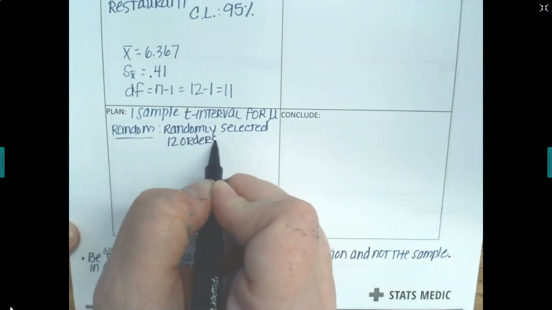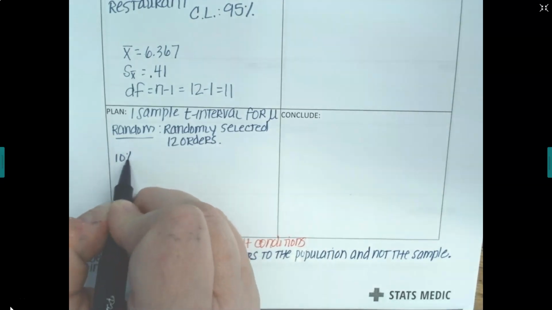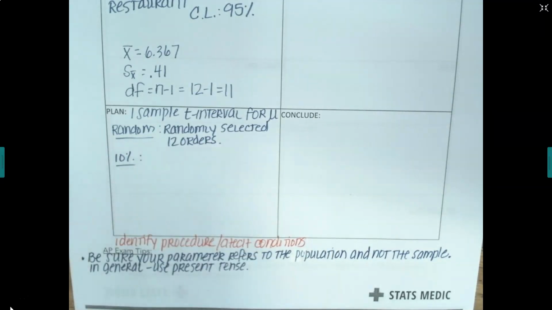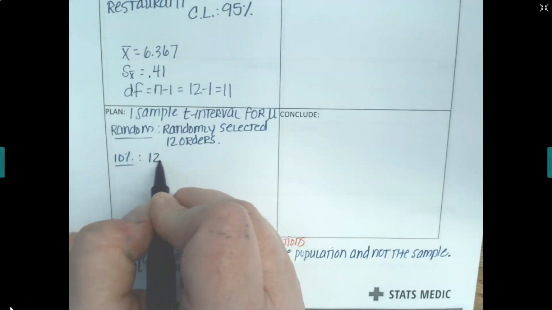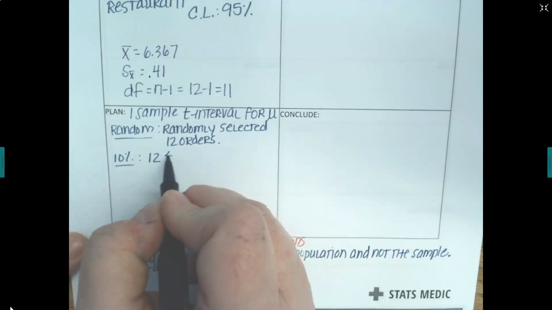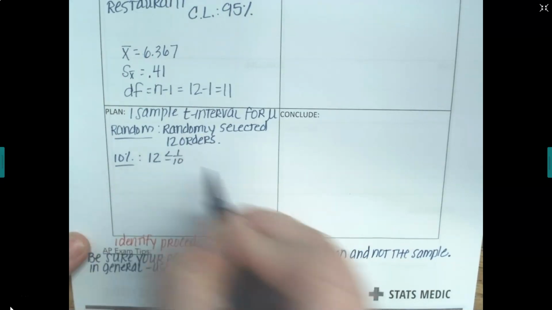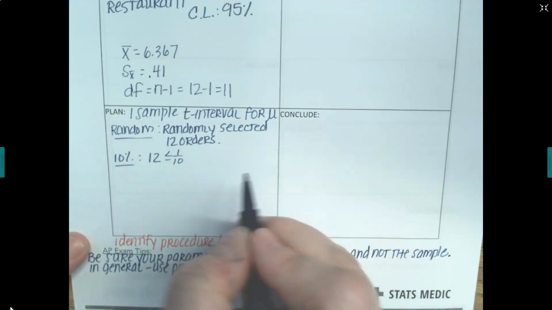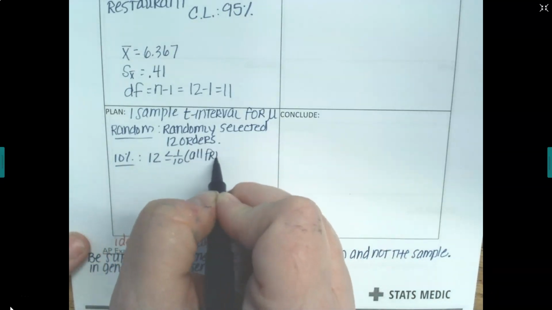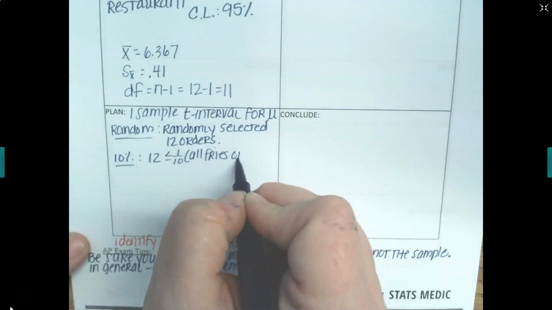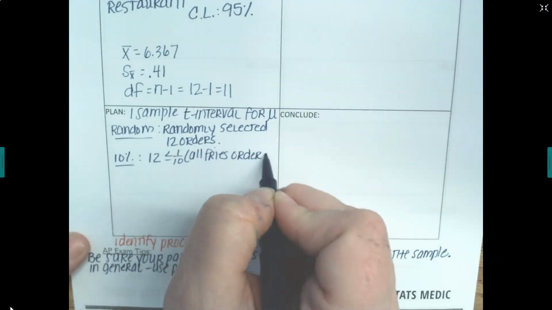The next thing that we want to check is the 10% condition, because we sampled without replacement. So 10%, remember, is how big is your sample size? That has to be less than or equal to 1/10 of all the population. So we'll say that's all french fries orders at this restaurant.